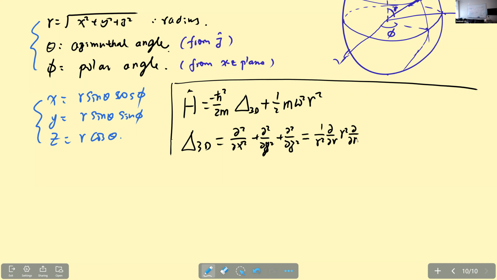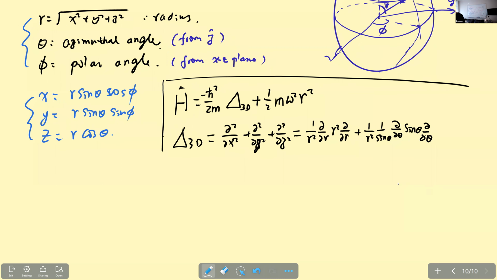And let me make sure I'm correct in this change of variables. Yes. So this is the radial part, and then you have this part about the azimuth angle.